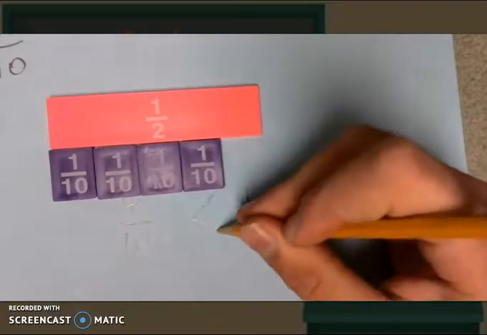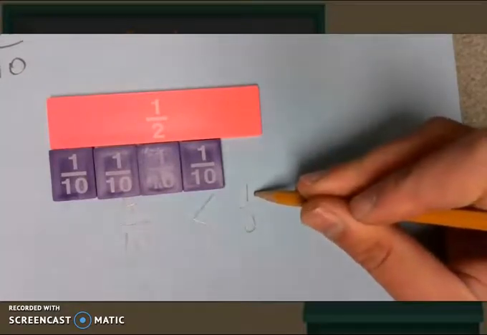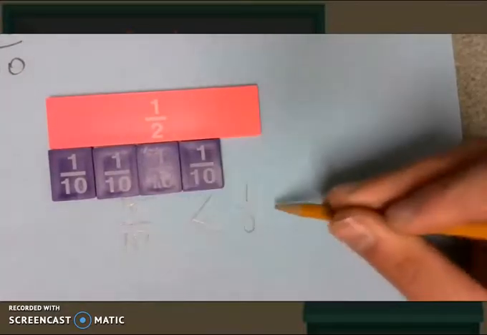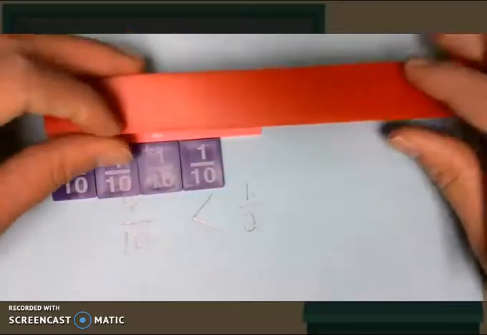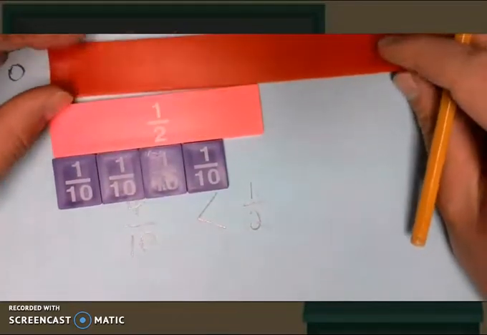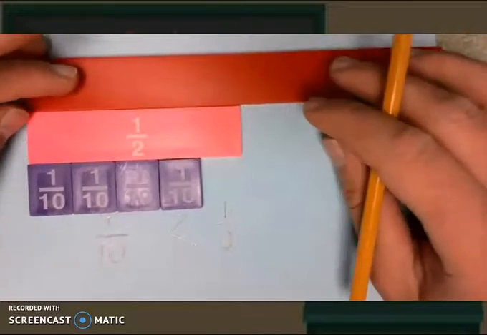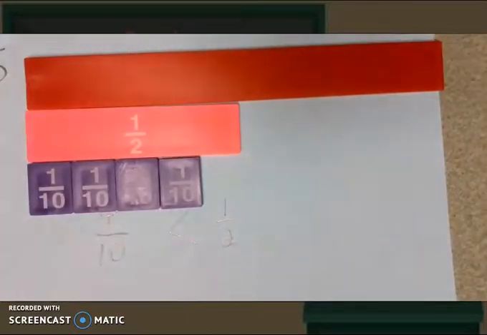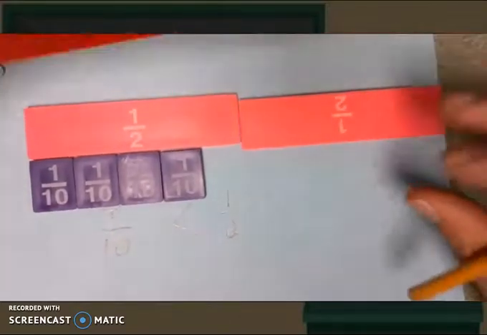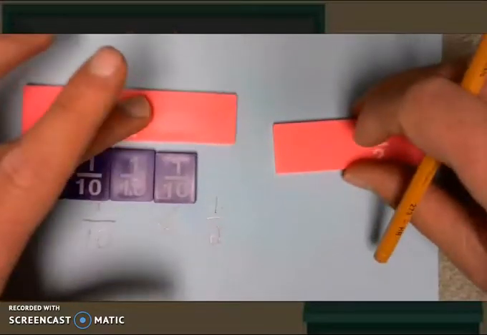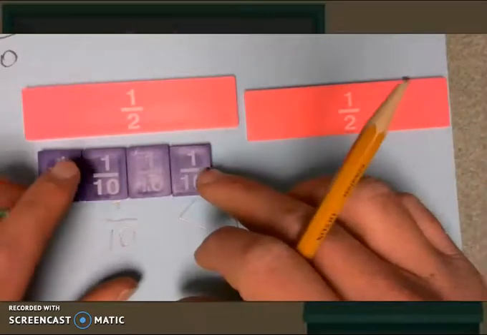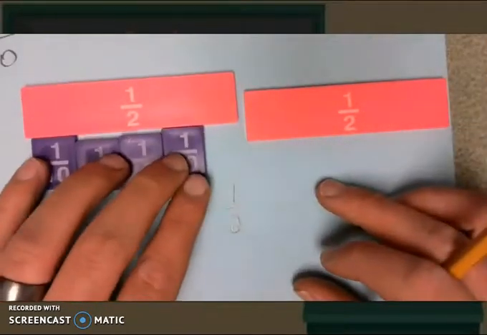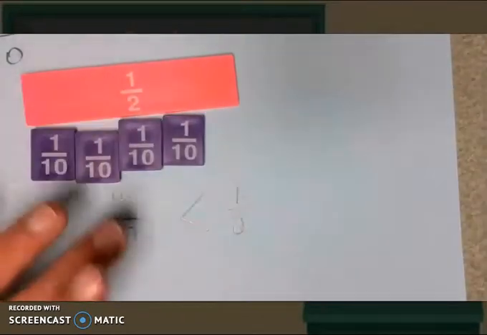Even though the numerator is smaller, a 1 versus a 4, it's half of a chocolate bar. Let's say I'm having this chocolate bar and someone else, Miss Hinter, is having the other half. There's mine, there's Miss Hinter's. Half is larger than splitting it up into 10 pieces and having 4 of the 10 pieces. So half is larger than 4/10.